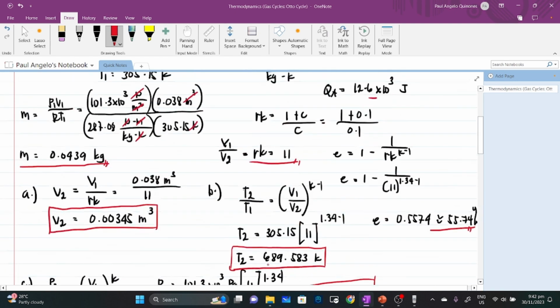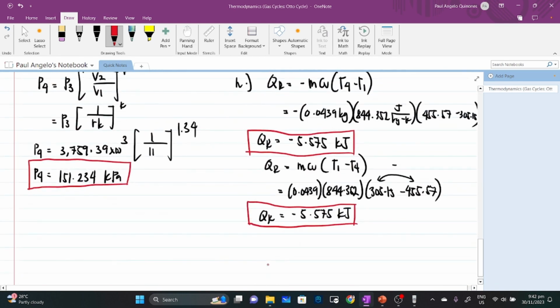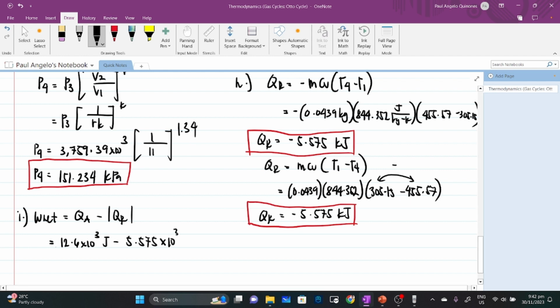Now, once we have obtained the heat rejected, we are asked to solve for the work net. So that is letter I. The work net is given by QA minus the absolute value of QR. QA is given by 12.6 kilojoule, that is times 10 to the third, minus the absolute value of this one, that is 5.575 kilojoules as well.